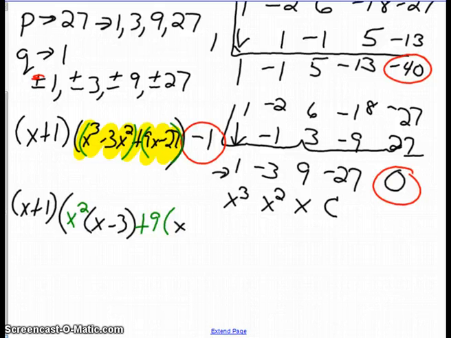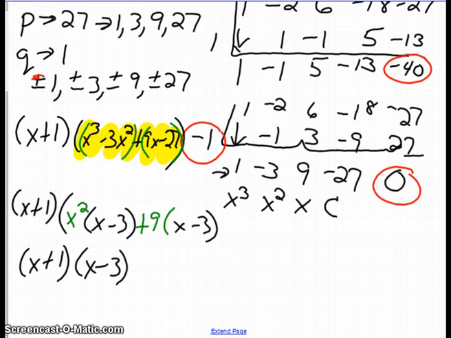Negative 27 divided by 9 is negative 3. So the stuff in the parentheses matches, the x minus 3 comes down, and then the x squared plus 9 goes in the second parentheses. X squared plus 9, they're both perfect squares, but this is not the difference of two squares.